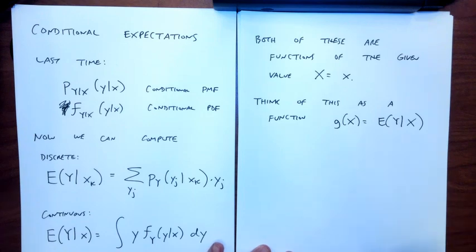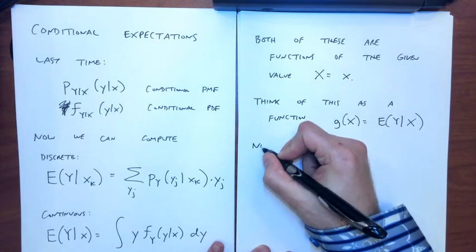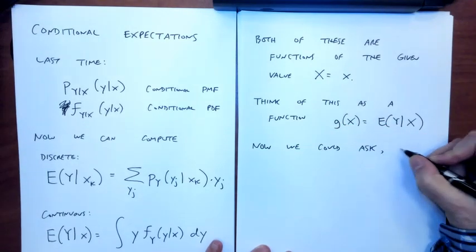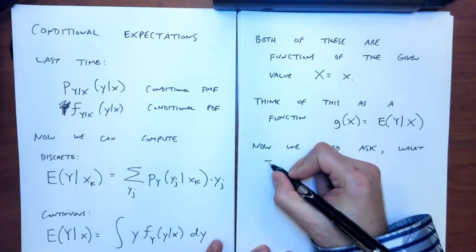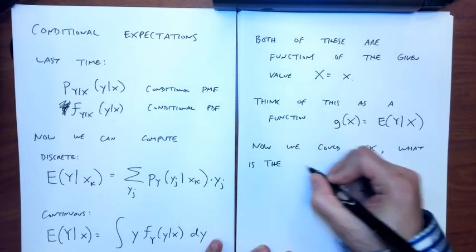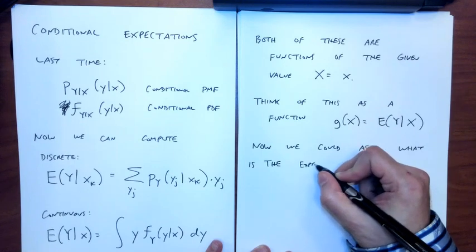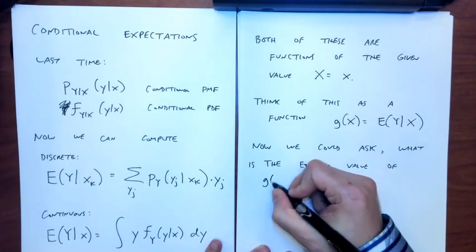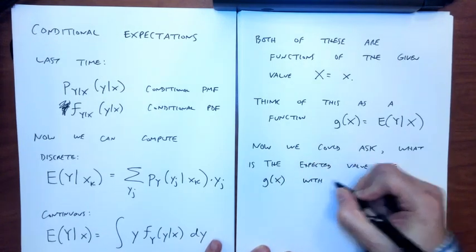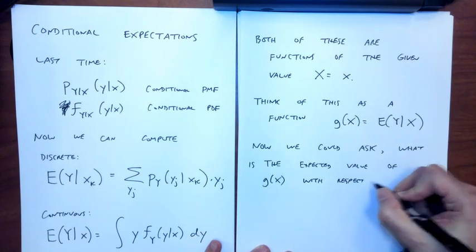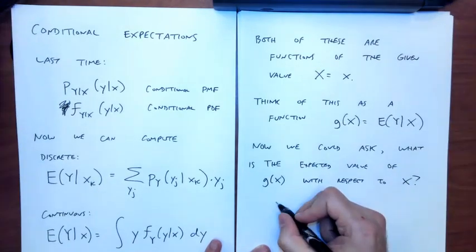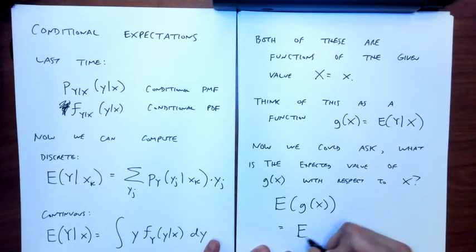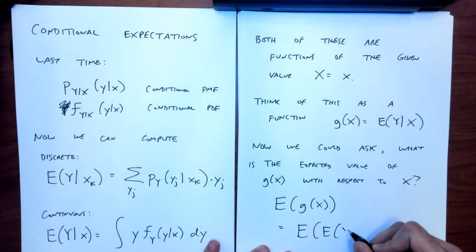And now I could ask, what is the expected value of g of x with respect to x, right? So x has also got its own PDF, right? So I could ask for basically what is the expected value of this function of x, which is basically like a double expected value. What the heck?